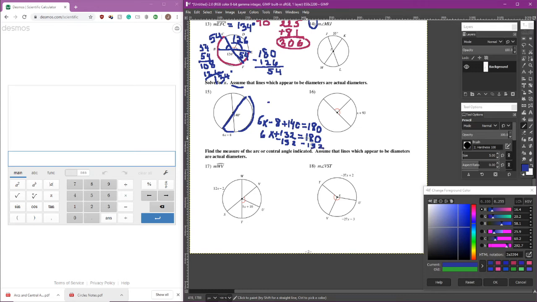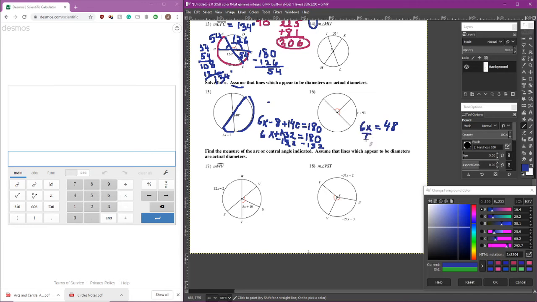We're going to ignore the variable, the 6x, for right now, and we're going to take away 132. I am running out of room, so I'm going to continue over here. 180 take away 132 would be 48 degrees. But I'm not done with my equation yet, because the 132 is canceled out, but the 6x is still there. So it's 6x equals 48.